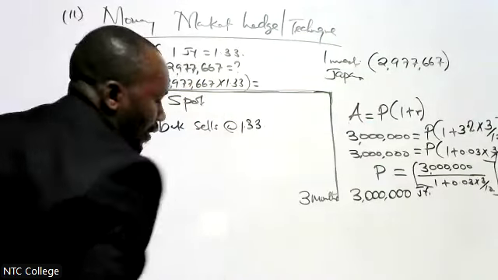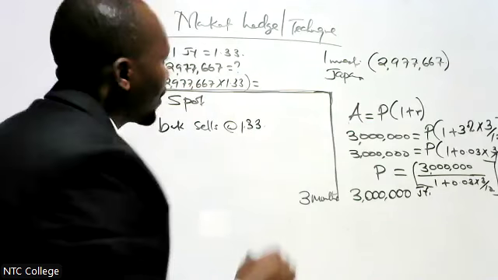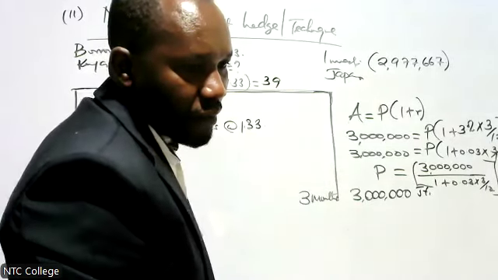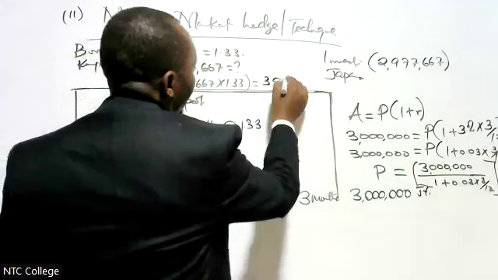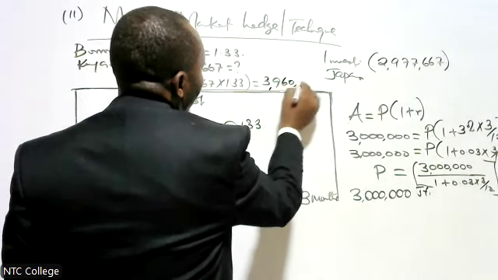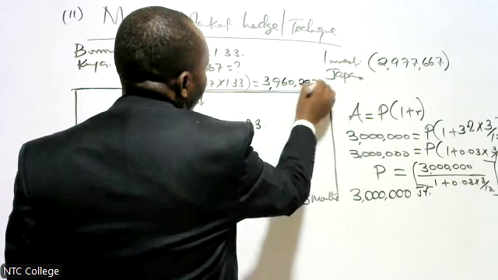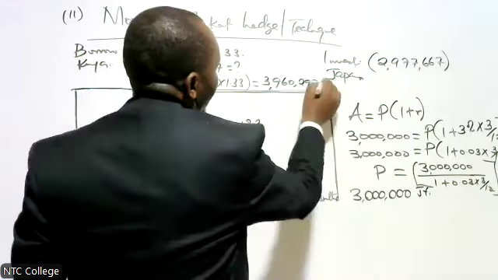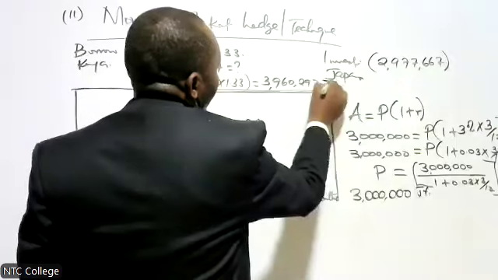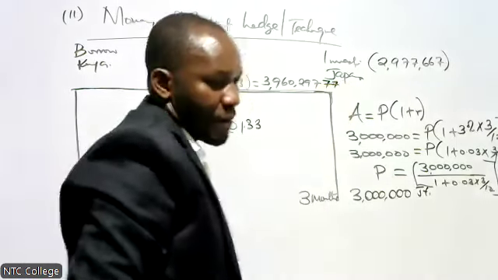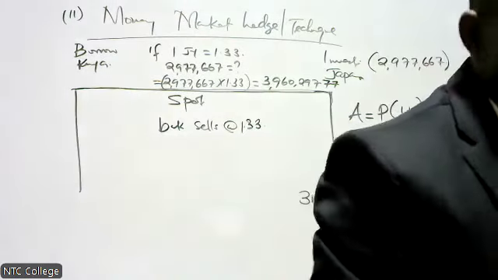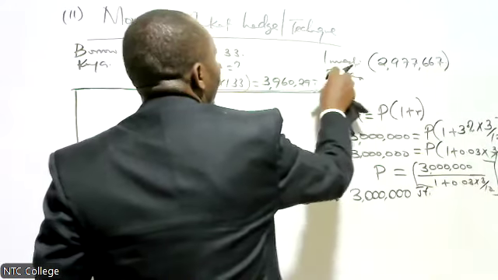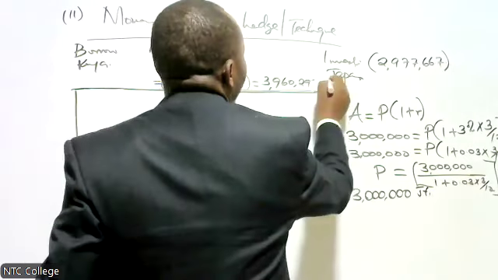The amount is 3,960,297.767. We can even round off to 298. So that we have 3,960,298.